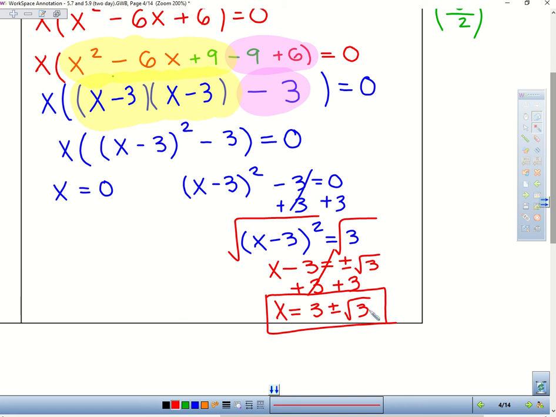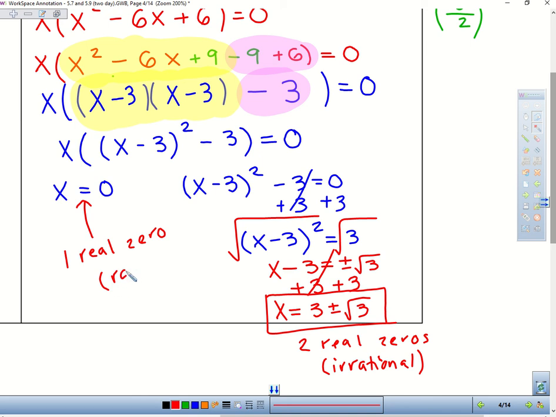Now this right here represents two irrational zeros. So we have two real zeros from this one, and they are irrational. And over here, we have how many from this one? Just one real zero. And that one is rational, okay?